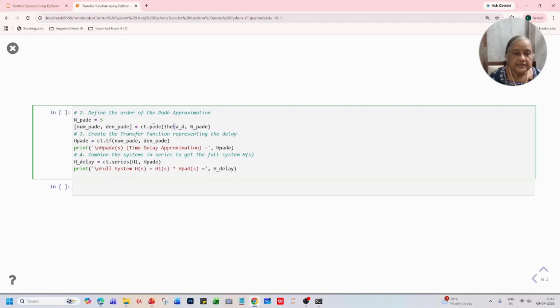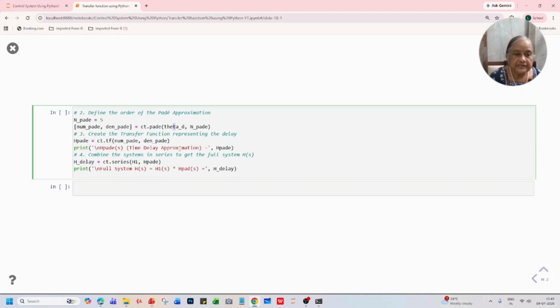The ct.pade with the delay and the order will generate arrays with numerator and denominator coefficients of the transfer function. Those coefficients are passed to ct.tf to construct the Pade transfer function.